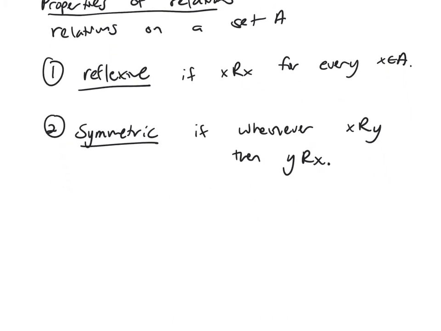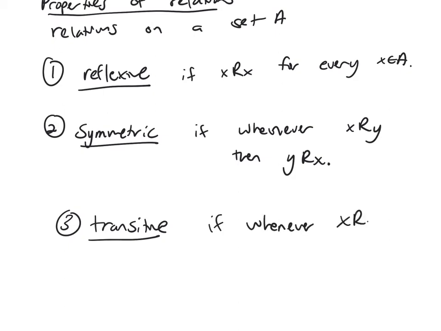And the third property was transitive. A relation was transitive if whenever x relates to y and y relates to z, then x relates to z.